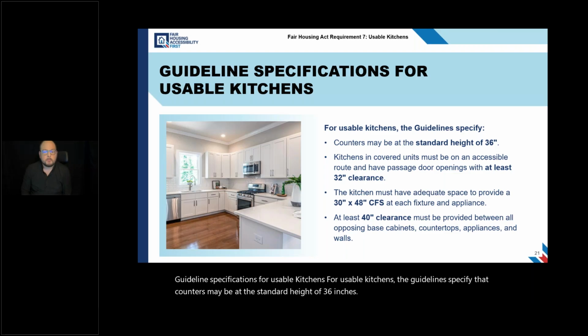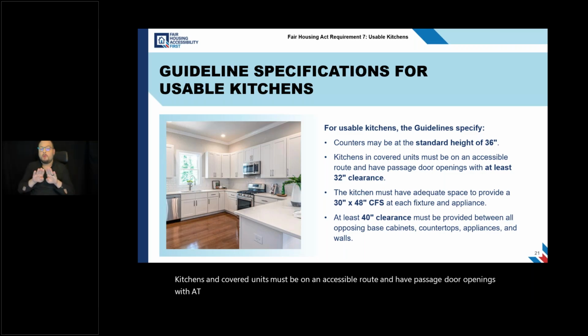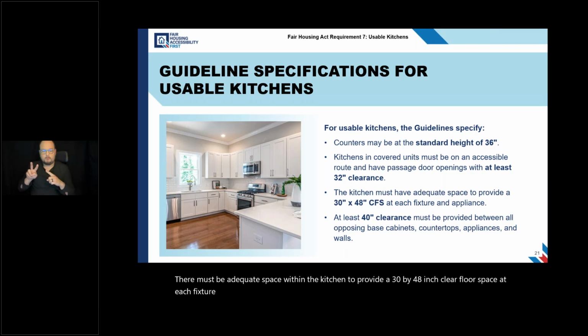Kitchens and covered units must be on an accessible route and have passage door openings with at least 32-inch clearance. There must be adequate space within the kitchen to provide a 30 by 48-inch clear floor space at each fixture and appliance.